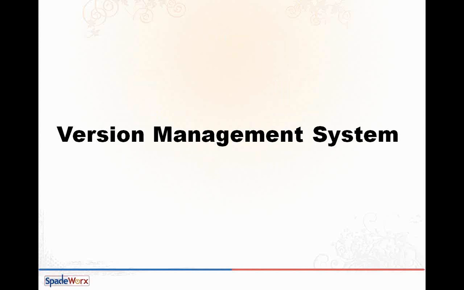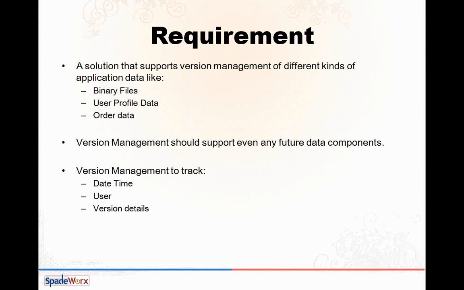Now, as Shini mentioned, we have a requirement of a version management system, and a brief of that requirement I've put down in the next slide. Basically, the requirement was that the system should be able to manage or maintain versions of different kinds of data. Now, this data can be a file, so the binary of that file, or this data can also be a .NET object, for example, a user profile object or an order data.